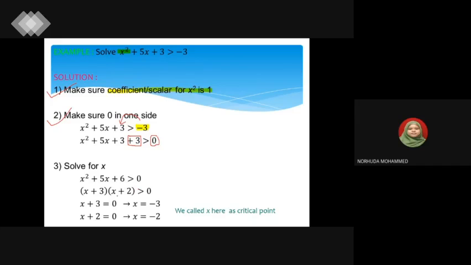Okay, usually we find x first and then we go backward to get the factors. So this is factor 1 and this one is factor 2. Okay, we call x here the critical point.